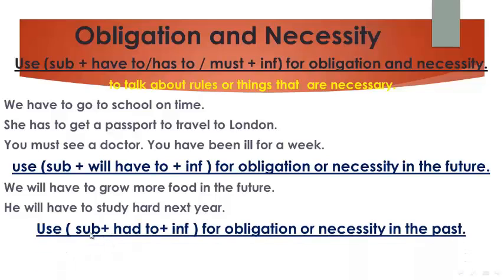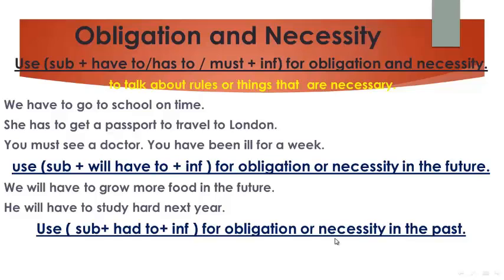Use the subject, he or she or it or we or you or they or I, or a noun, for example, Ahmed, Mona, Ahmed and Mona. These are all subjects. So use the subject plus had to plus infinitive as well, for obligation or necessity in the past.